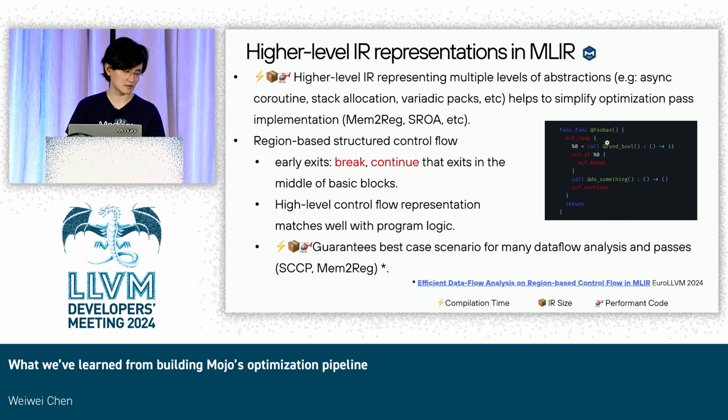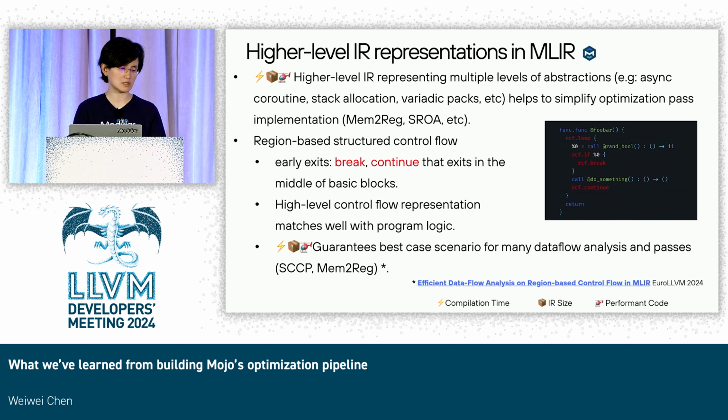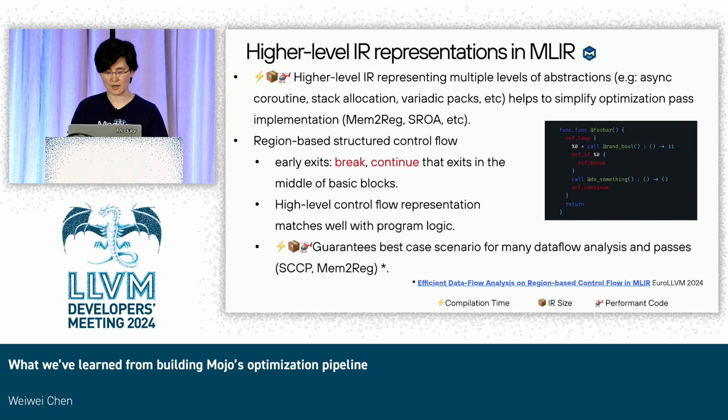So we have this structured control flow representation where we have a loop, we have if, and we can have early exits in the middle of the regions, so that it matches better with the higher-level representation of the program logic. This really helps us guarantee some of the best-case scenarios when we implement data flow analyses like SCCP and mem2reg.